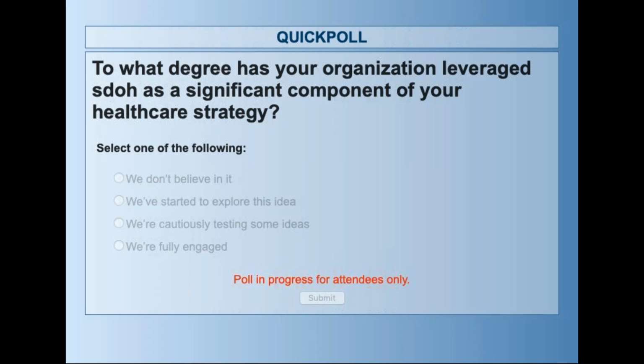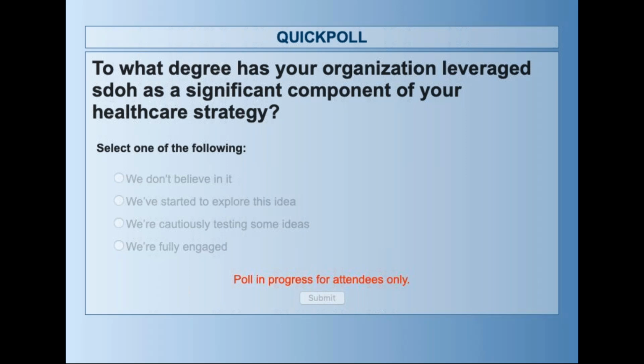Asking patients questions about what's in their refrigerator, did they have adequate transportation. I think for primary care doctors of a certain age, this is all radical new stuff. So I would say most organizations are just beginning to get their arms around this. It certainly will be stimulated by changes in reimbursement, and we all would agree, I think, it's not going nearly as fast as we would like it to be.